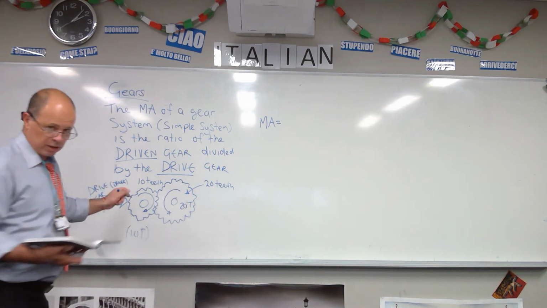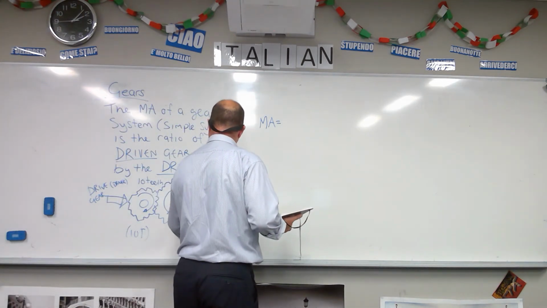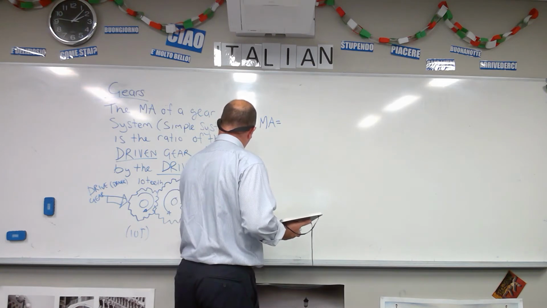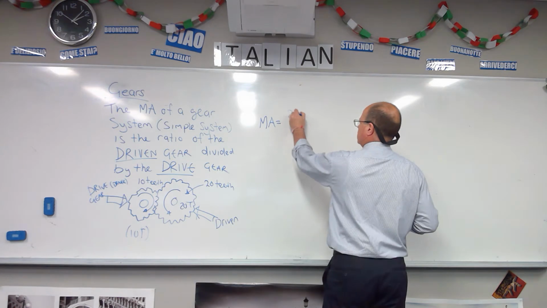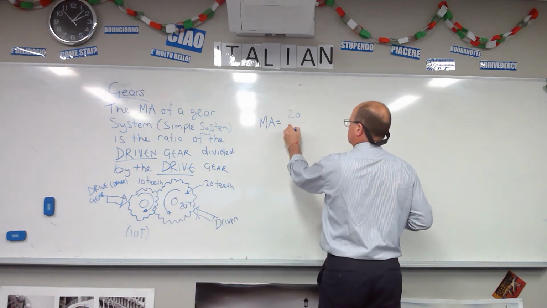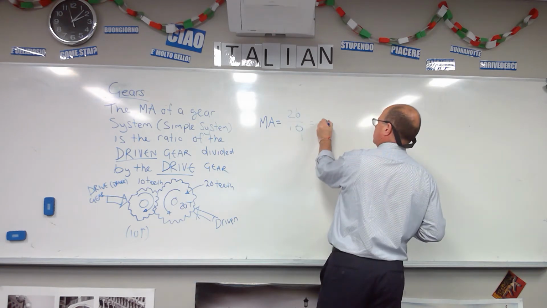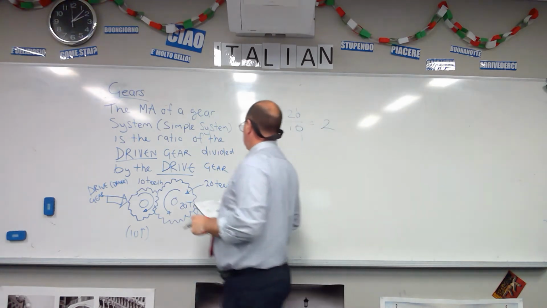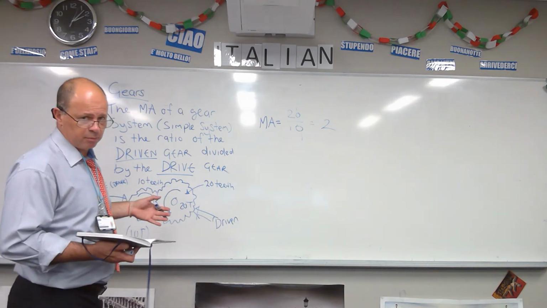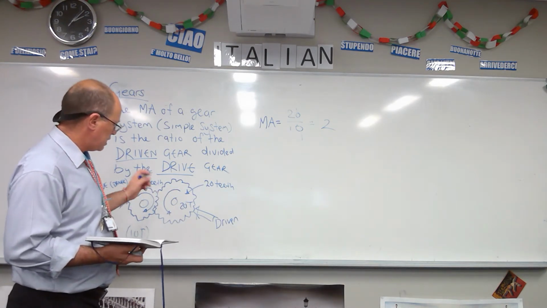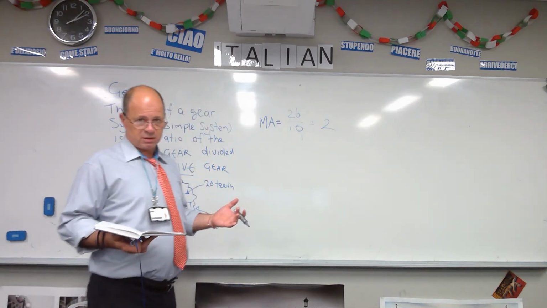It's the one that's doing the pushing, and this one is the driven. So it's driven over drive, so we say MA equals 20 over 10, and that gives us a mechanical advantage of 2, okay? So it's going to magnify the force by 2. And seeing the same amount of work is being done, obviously it's over a greater distance.